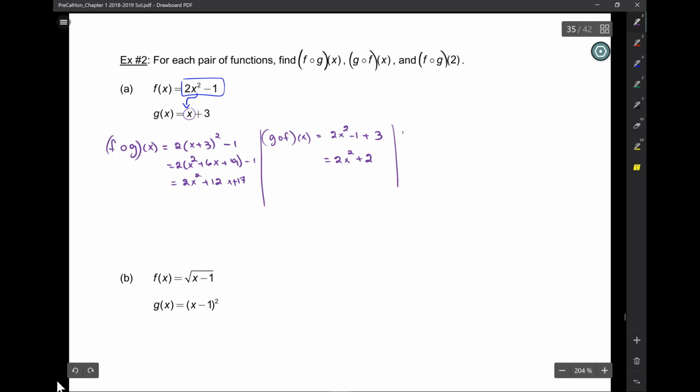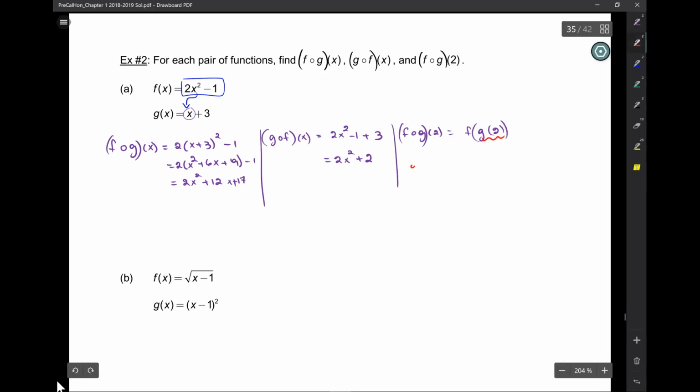Now, the next one, there are several ways of doing it. Oh, we want f of g of 2. The most efficient way for me is, okay, there are two ways. One is you could find f of g of x and then plug in 2. Or you could start with the inside. So it's f of g of 2, right?